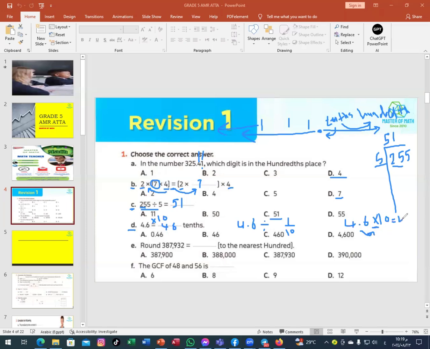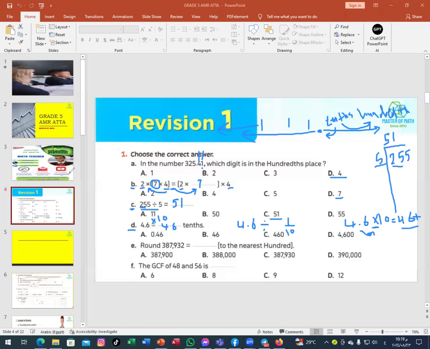We write the number and put the pen in the place of the decimal, and move one step, and the decimal will be here, so the zero is not considered. So the product is 46.